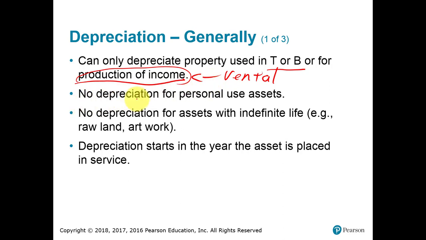You cannot depreciate any assets you use for personal use in your life, like your personal automobile, like your computer that you use for schoolwork. That's not a trade or business. That's not production of income. You cannot depreciate those assets.